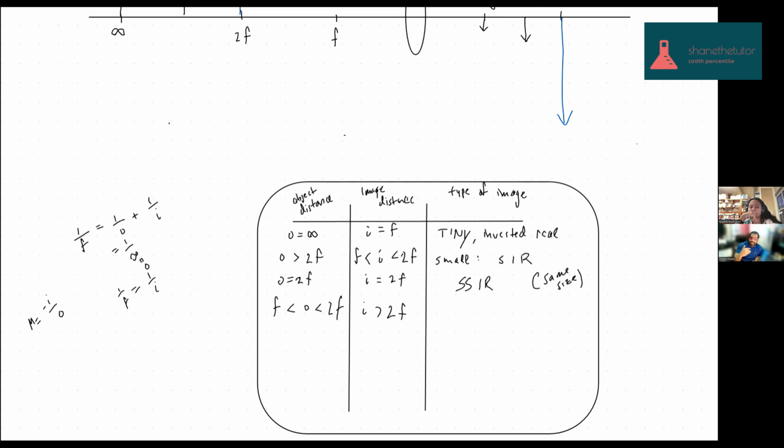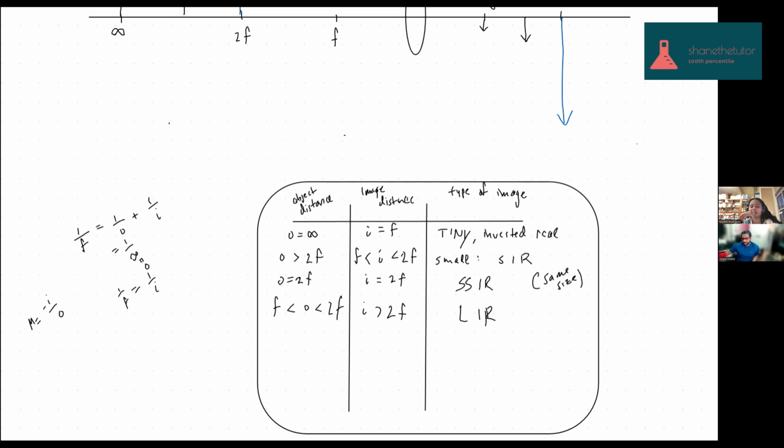And if the magnification is essentially image distance over object distance, we should now have a larger than 1 value for that. So now this is going to be LIR. What do you think that would mean? Like large inverted real. So I'll do that with green here.